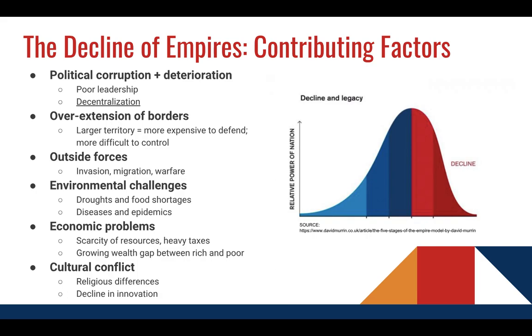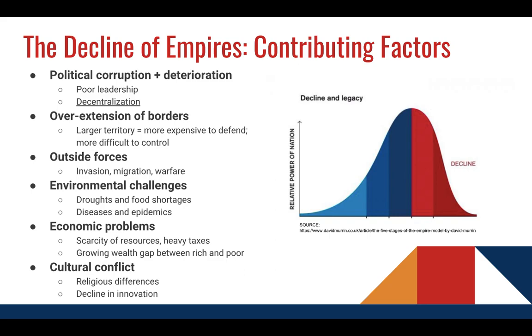Sometimes resources can become scarce, or you might have taxation problems. And oftentimes we see in empires as they decline, a growing wealth gap between people who are very rich and very poor. And then the last thing, which would be tough to define, is the cultural conflict that can come in a large empire.